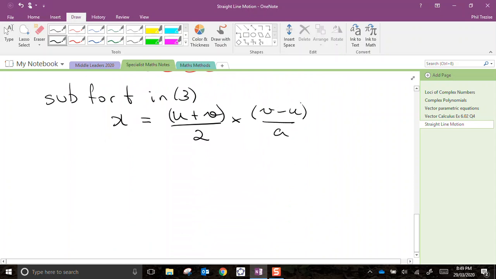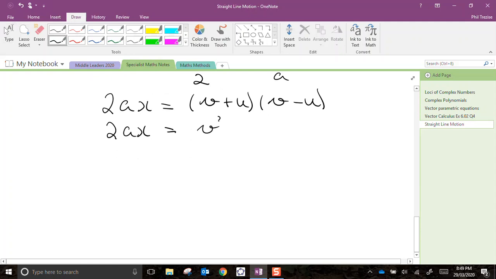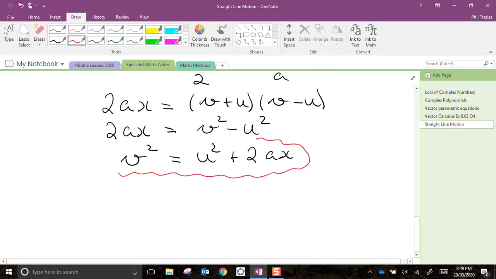Let's multiply both sides by 2 and a, so I would have 2 times a times x, and that's v plus u, v minus u. That looks like the difference of 2 squares to me, so this should be v squared take u squared, and often this will be written as v squared equals u squared plus 2 times a times x. And that's the fourth common way of writing the equations of motion.